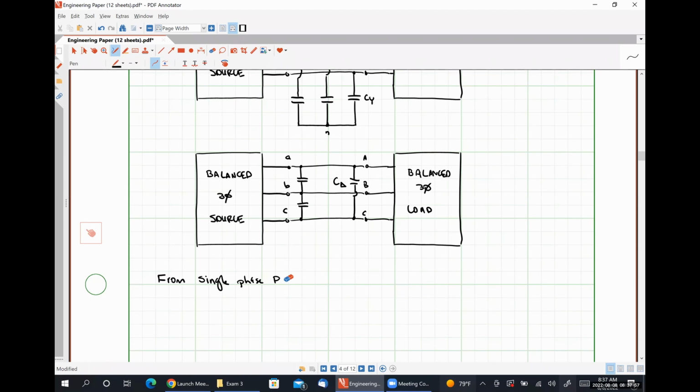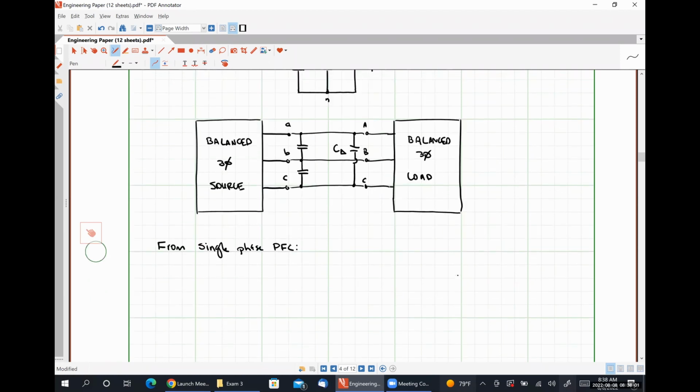Power factor correction. We had S_cap, the complex power absorbed by our capacitor, was S_new minus S_old, where S_new and S_old were single phase quantities.